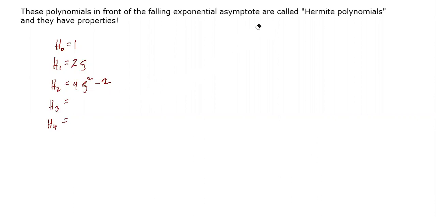So, okay, what would H3 look like? Similar, but with a psi to the fourth and a psi squared. Similar, they're evens and odds. So you've got, okay, H4.